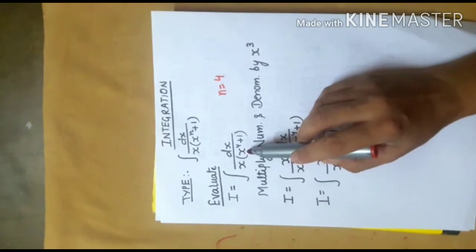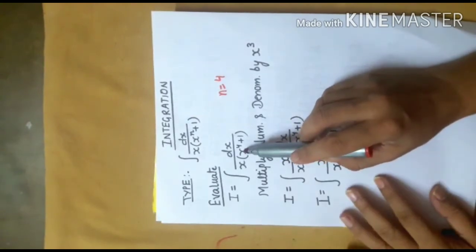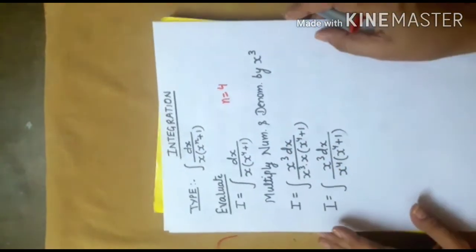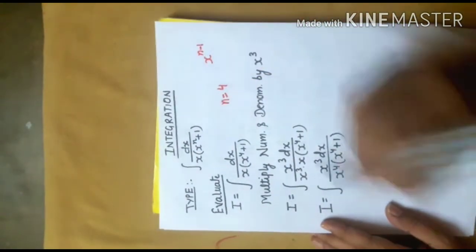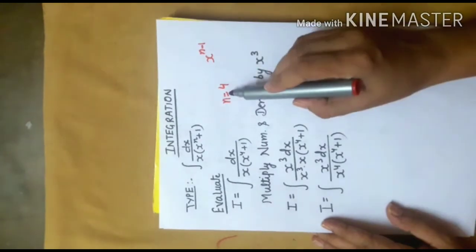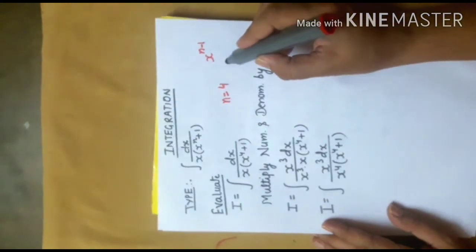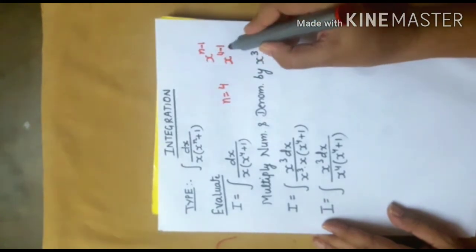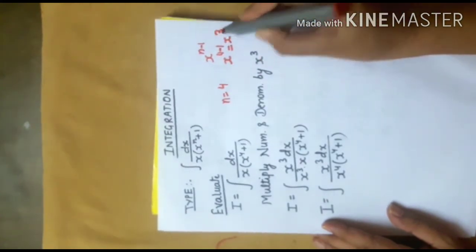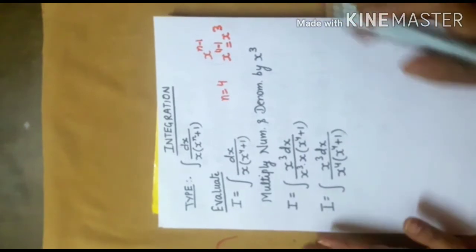What I'll do is multiply numerator and denominator by x raised to the power n minus 1. In this case n is 4, so I'll multiply numerator and denominator by x raised to the power 4 minus 1, that is x raised to the power 3.